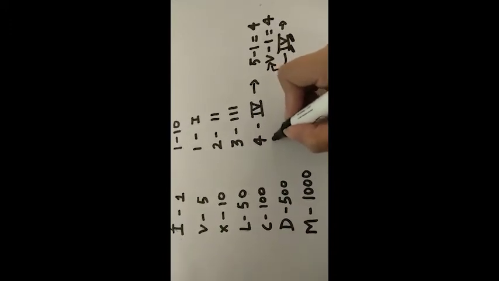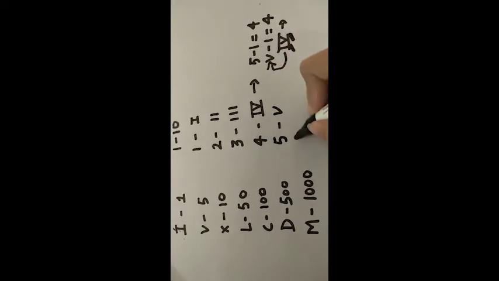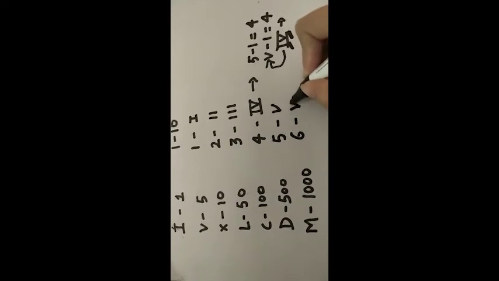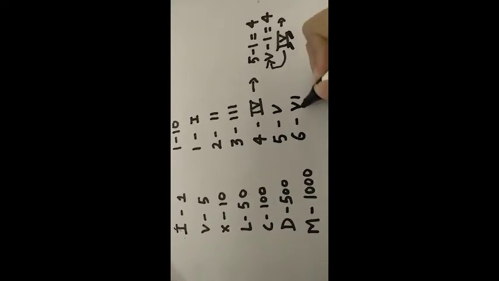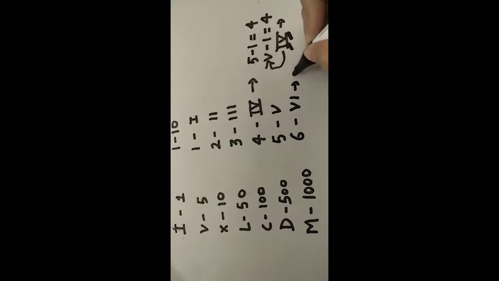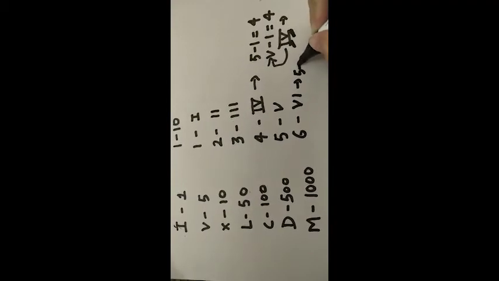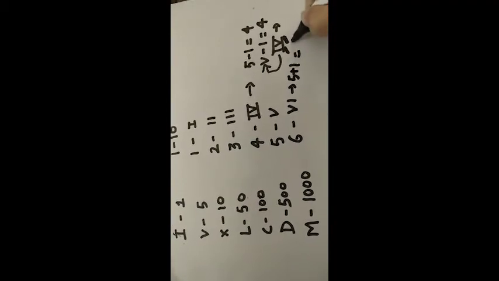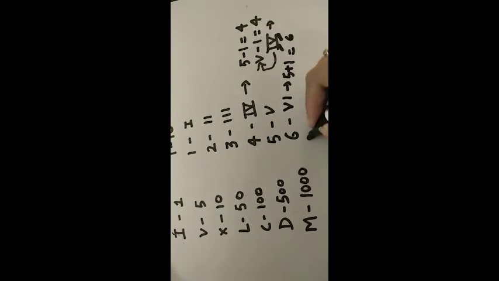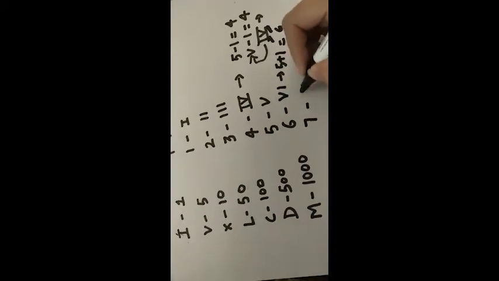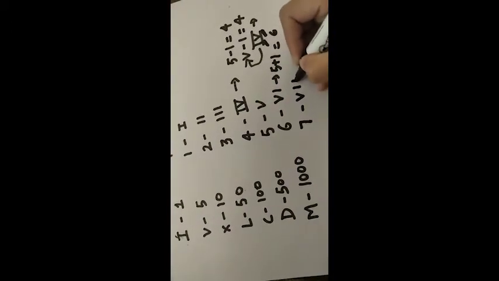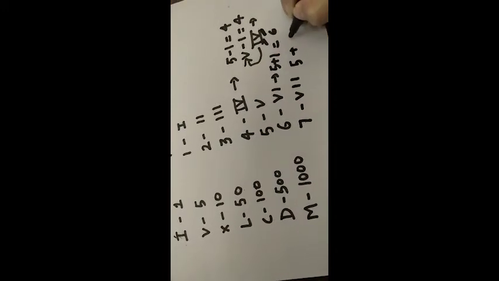Now for 5 we have V. 6 is simply V I, and it means 5 plus 1, that is 6. 7 is V I I, that is 5 plus 1 plus 1, that is 7.